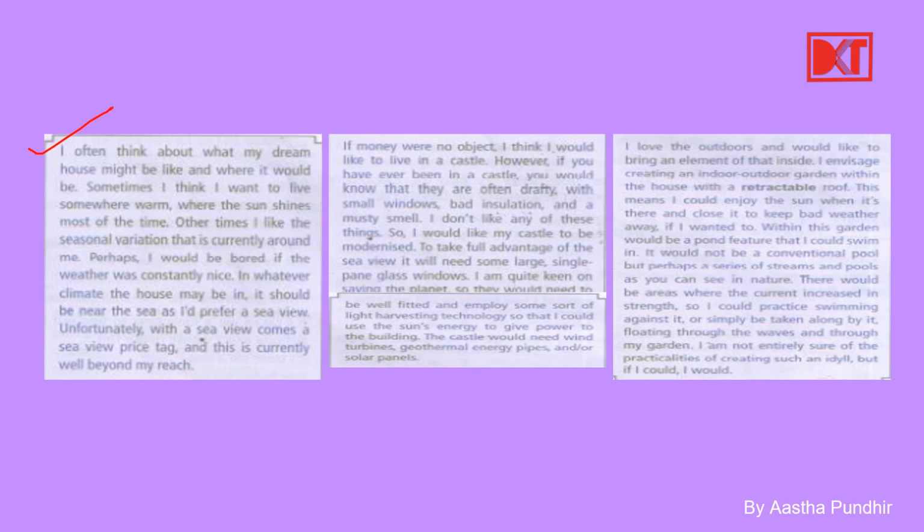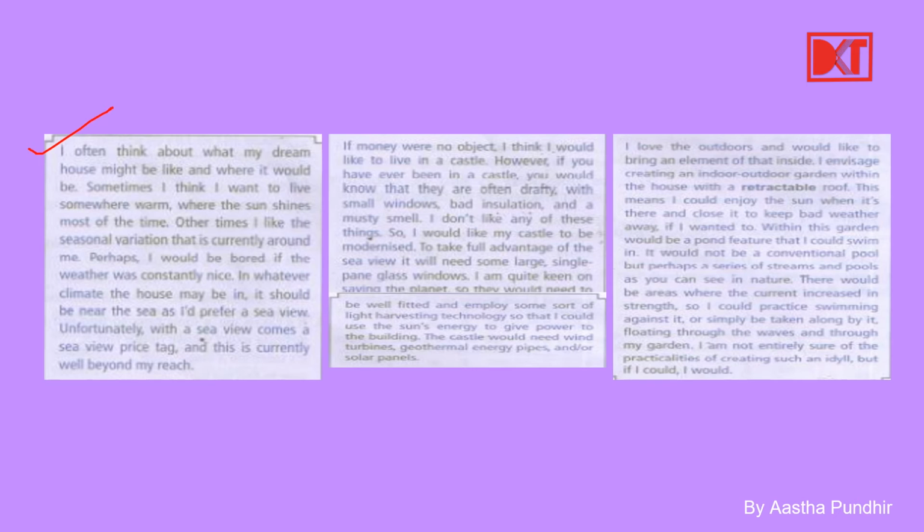But there's this problem with castles, that they are drafty, they have small windows and a different smell, which he or she doesn't like. So this person says that I would like to make a modern castle, and because I also want to save the planet Earth, I would need to employ this harvesting technology, so that I can use the sun's energy to give power to my castle.